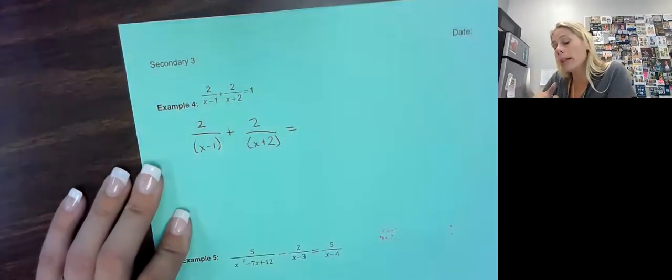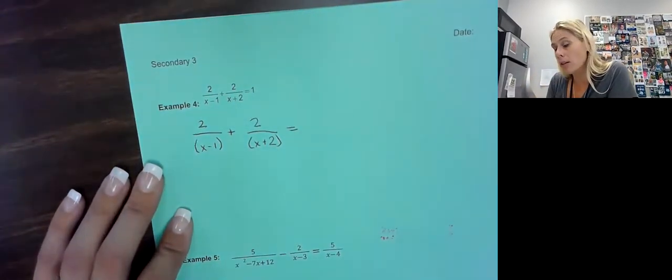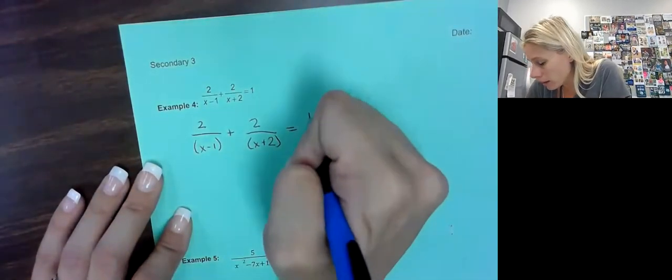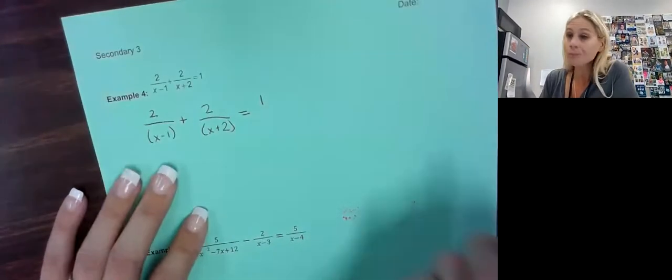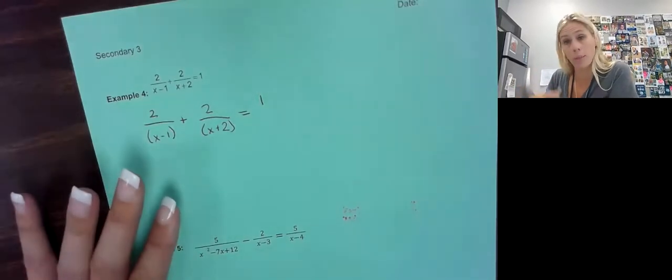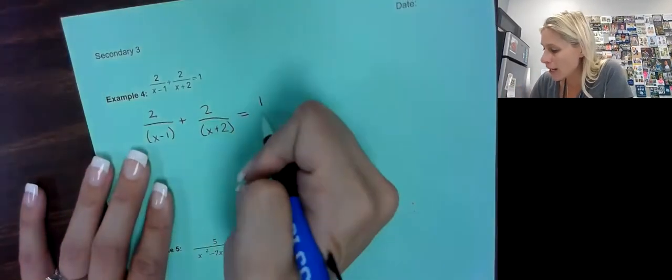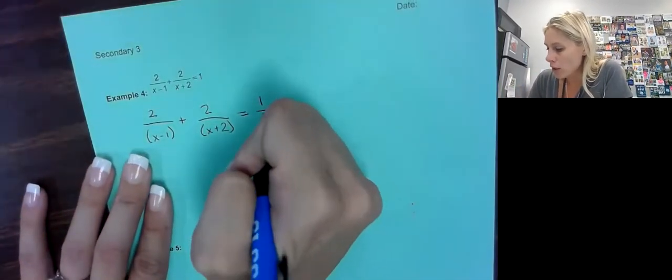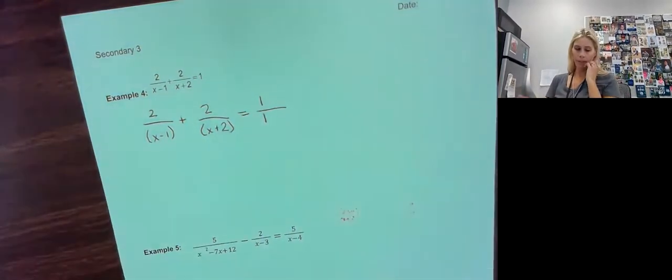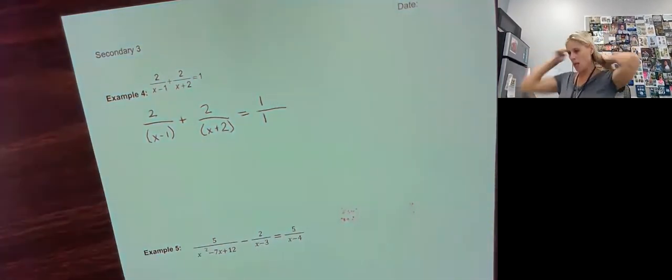Now, what I'm going to do when I rewrite this though, is as you can see, 1 as a fraction, so we're talking about numerators and denominators, is 1 over 1. Okay, so be careful there.